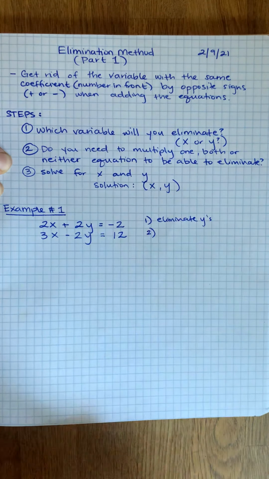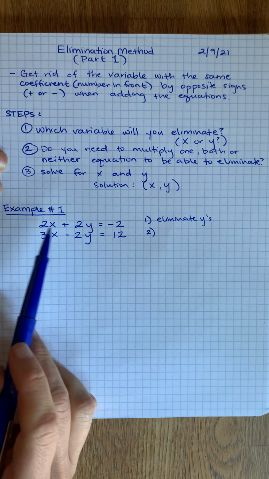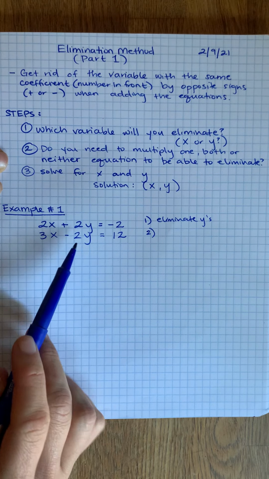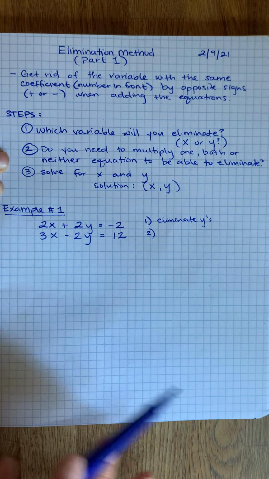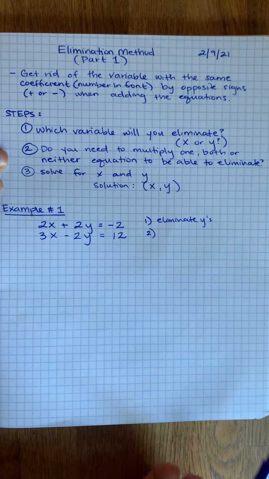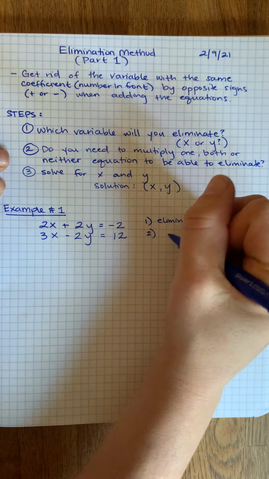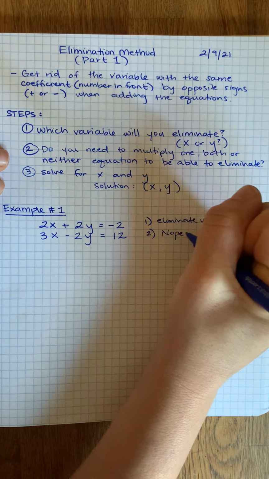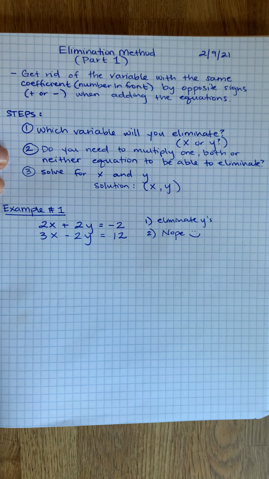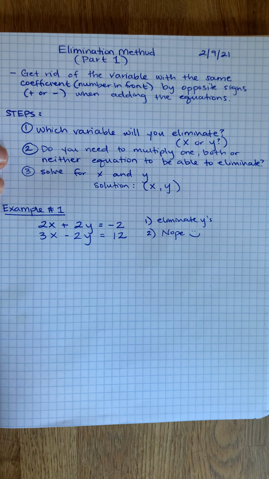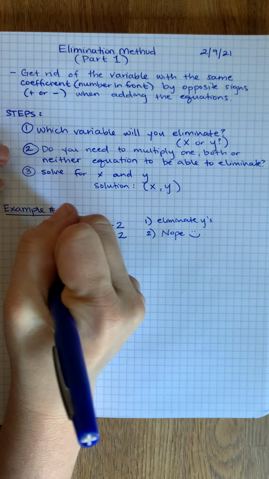Step 2, do I have to multiply so that I can eliminate those? Do I have to multiply by -1 or by anything in either of these equations in order to be able to eliminate them? Nope. It's already set up for us. So now I need to solve for x and y.